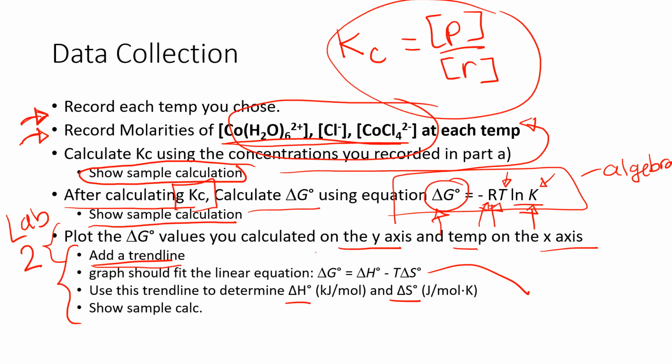And again, I'll remind you, y equals b plus mx. And like I said, I'll let you do the math on that, solving for each of them. Show your sample calculations of how you solve for each of these, and then just report both delta H and delta S in the little table that I have.